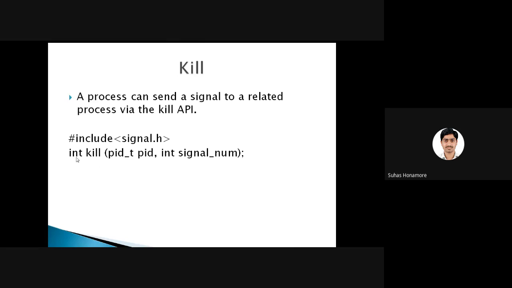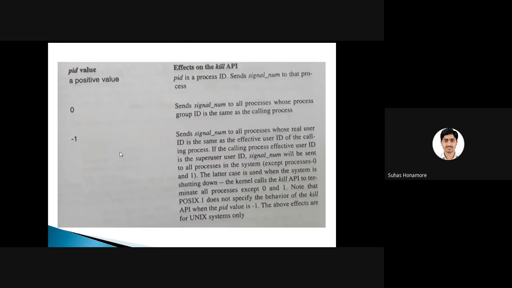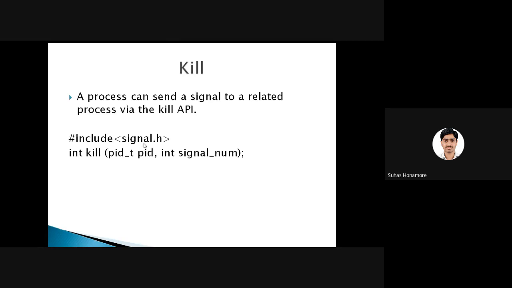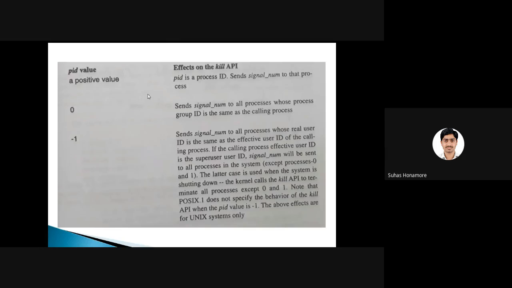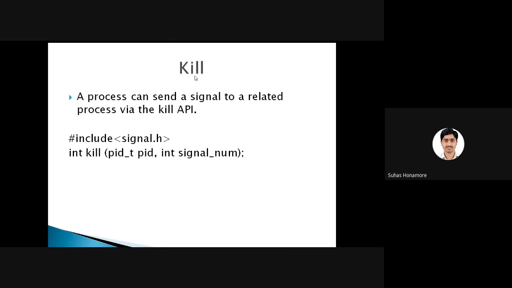If I call this in my application, the running application process will send the signal to a different process, whichever process ID you give. Normally you can give any positive value as the process ID. If I give a positive value, the signal will be sent to that process, whatever signal number you give here.